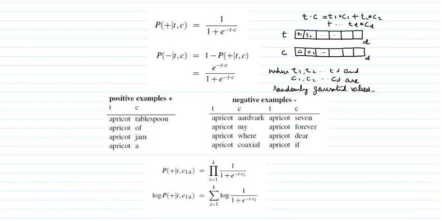That can be written as a product of the logistic functions of all the pairs of t with ci.